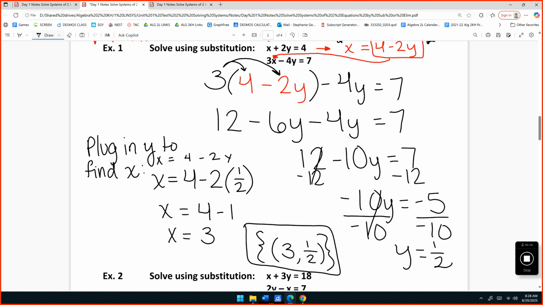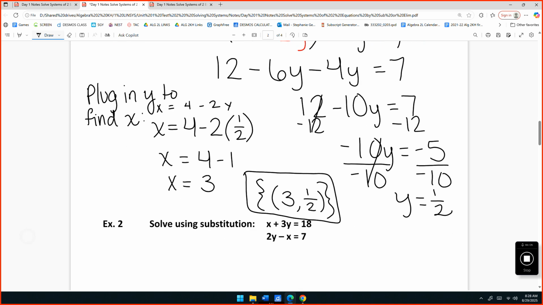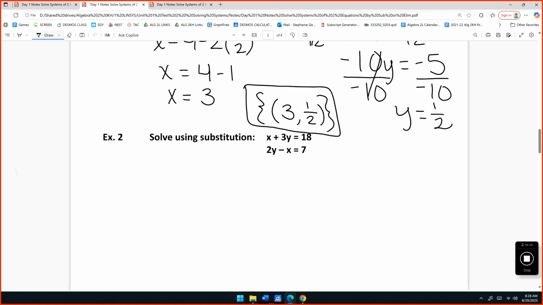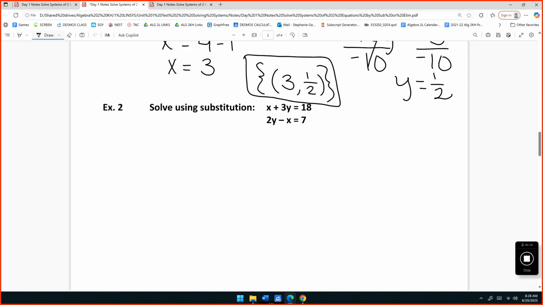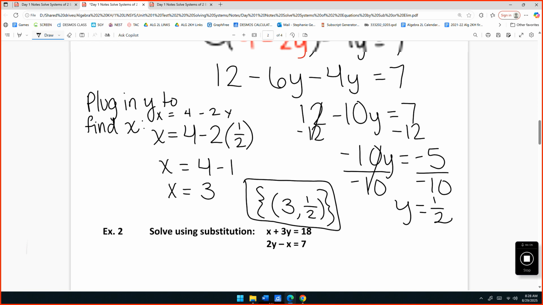Y'all remember doing this? Typically, substitution wasn't everybody's favorite, but if you know how to use it, it can actually be pretty good. Questions over this one before we try another one?